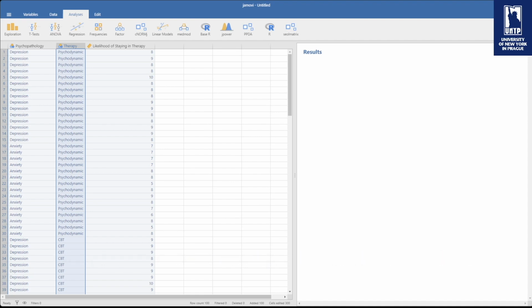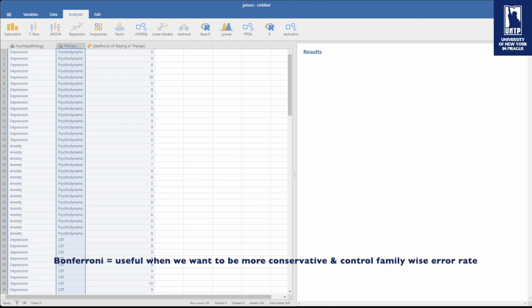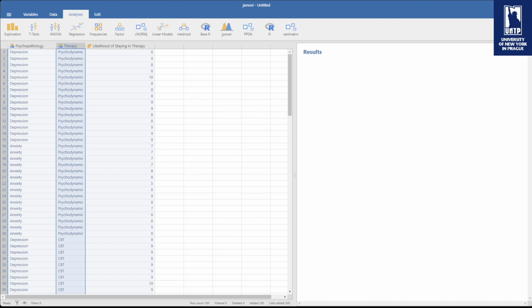So Bonferroni is also suitable, especially when we wish to be more conservative and control the family-wise error rate in our dataset.